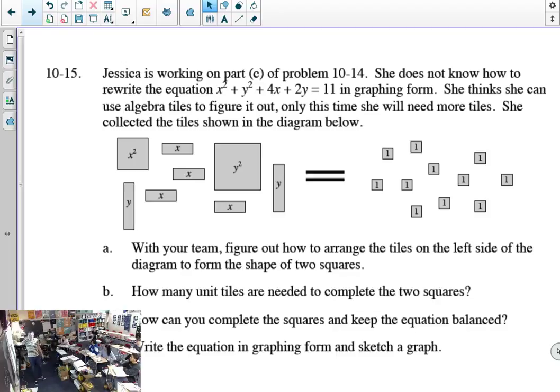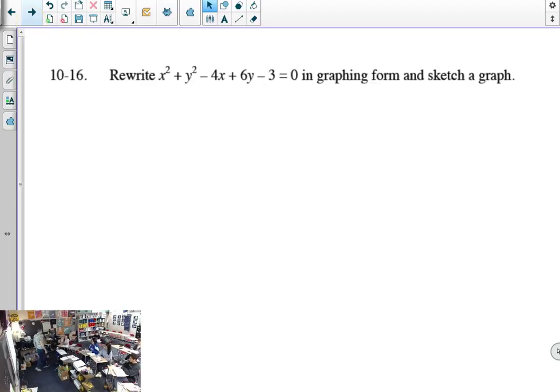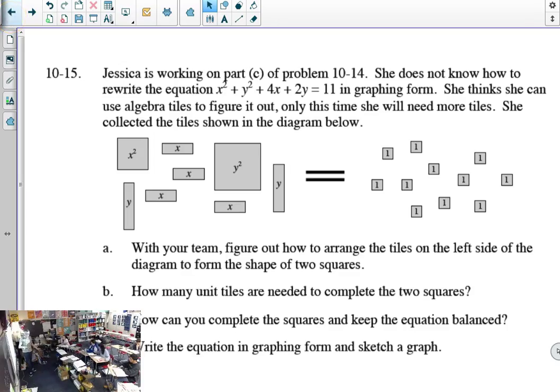So I think we all understand what we did there, and we're pretty good with the quadratics. The funny thing about you asking that is the next question was going to say, okay, now let's look at what we did. Really, it's pretty cool if you think about it. If we rearrange these to make physical perfect squares, that tells me how many more tiles I need to bring in.